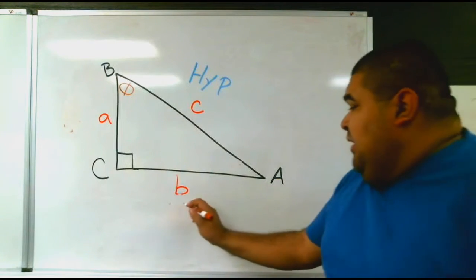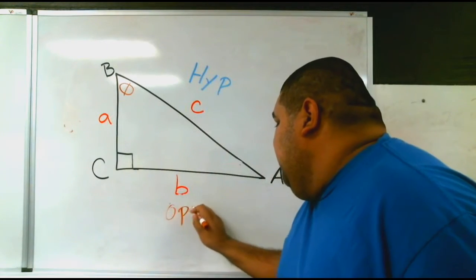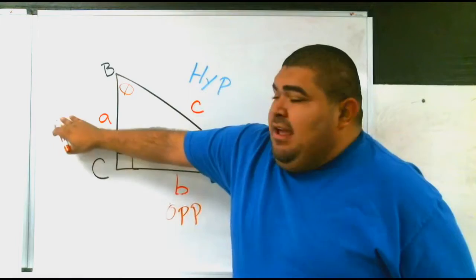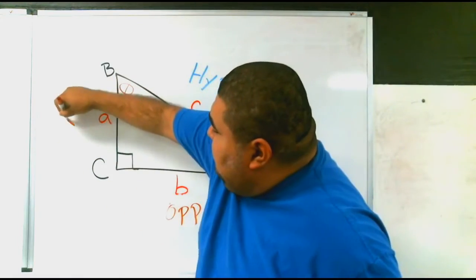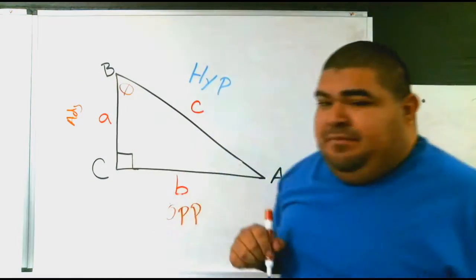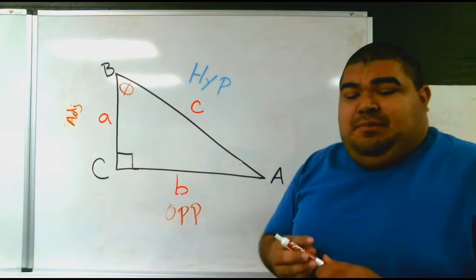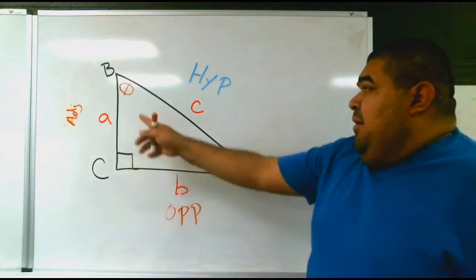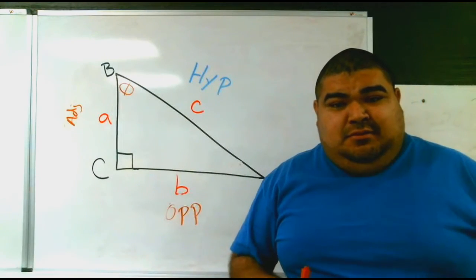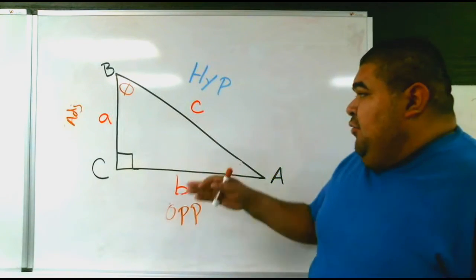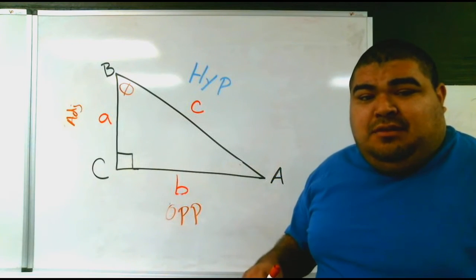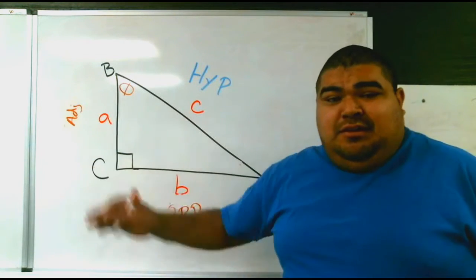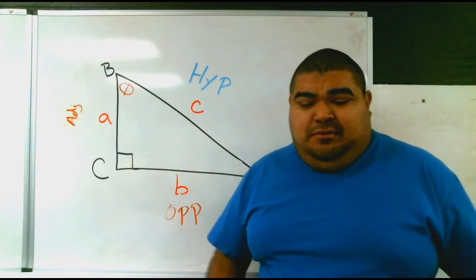So now we're going to have opposite. And then over here, we're going to have adjacent. Keep in mind, you always have to be very careful where theta is located. This way, you'll know where your opposite is located, also where your adjacent is located.